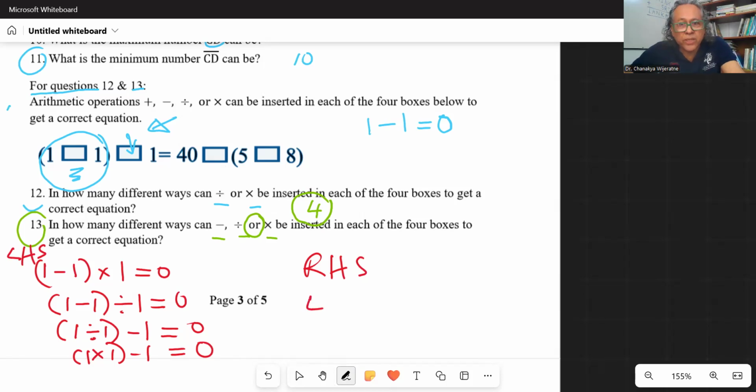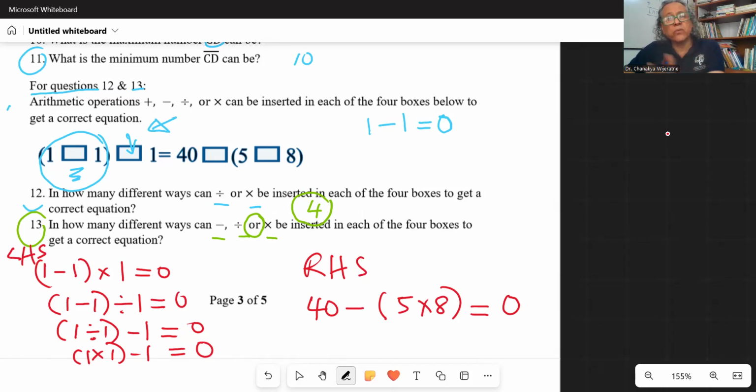We can have 40 minus 5 times 8 is 0, right? 40 minus 40 is 0. And that means we can get 0 on the left-hand side in 4 ways and 0 on the right-hand side in 1 way.